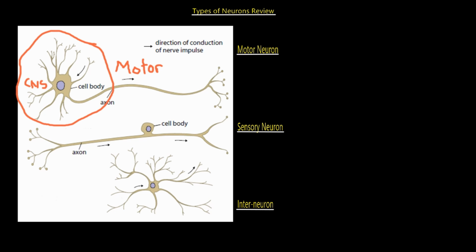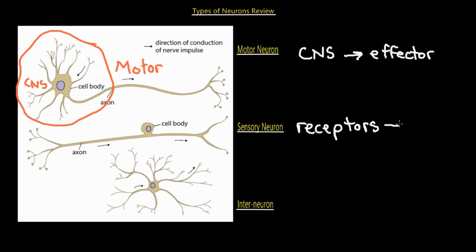So the motor neuron, in summary, transmits impulses from the central nervous system to the effector. Now, the sensory neuron transmits impulses from receptors to the central nervous system, as I mentioned in the previous slide.